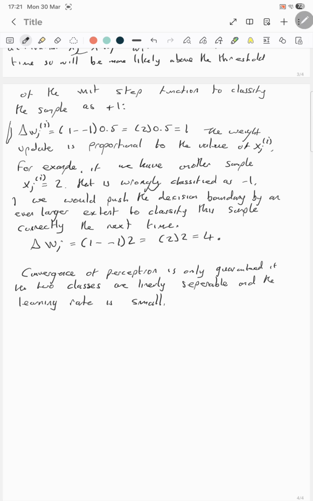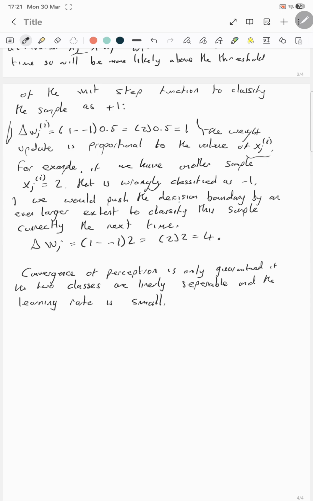Now our delta wj of i, if we're plugging in this 1 minus -1, and this is the learning rate multiplied by 0.5, we'll get this here, 1. The weight update is proportional to the value xj of i.